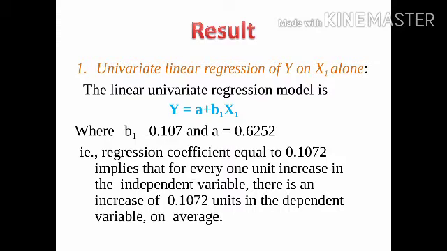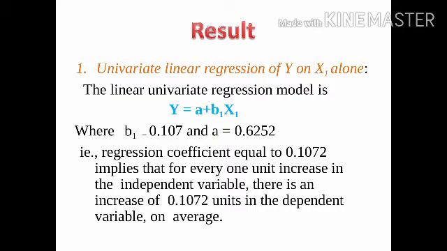So here you can see the regression coefficient equal to 0.1072 implies that for every 1 unit increase in the independent variable, there is an increase of 0.1072 units in the dependent variable on average. That is, the regression coefficient means how much variation is produced in the dependent variable for a 1 unit change in the independent variable.